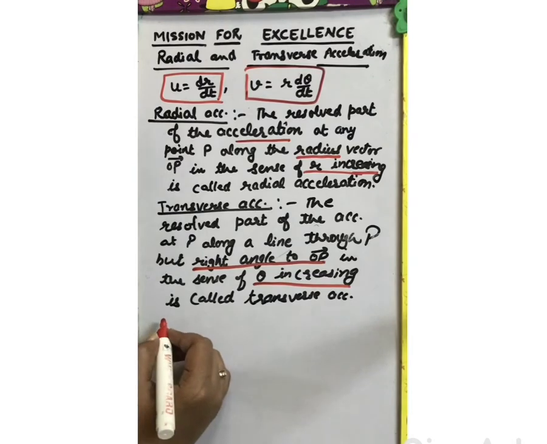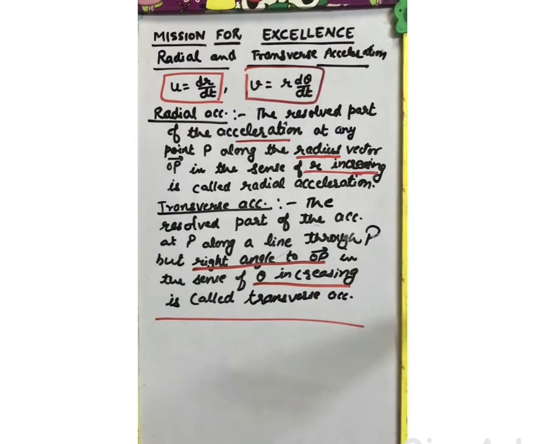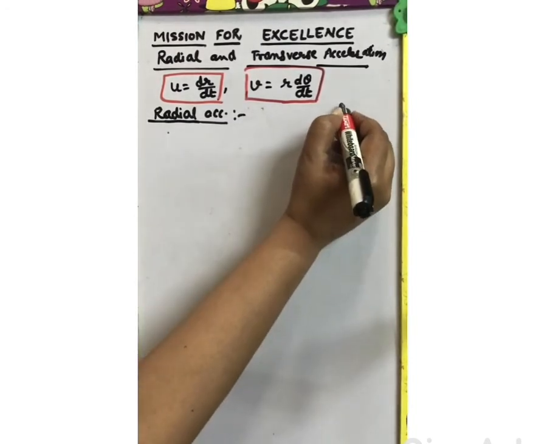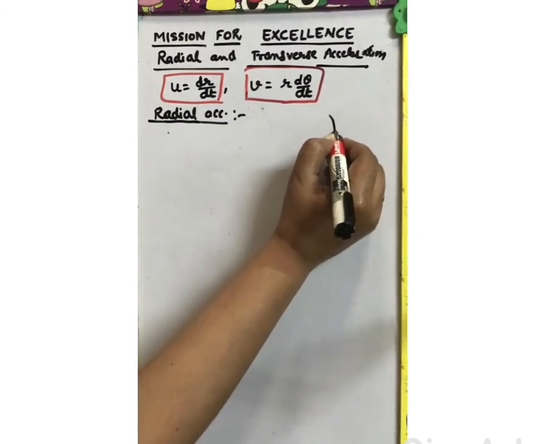Now we will derive its formula. To derive radial acceleration, let us take a curve along which the particle moves.